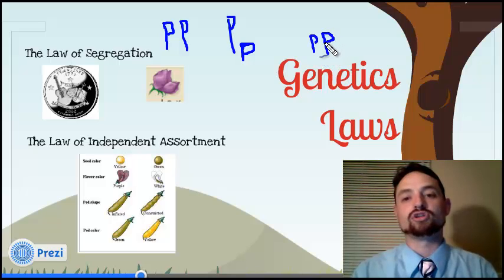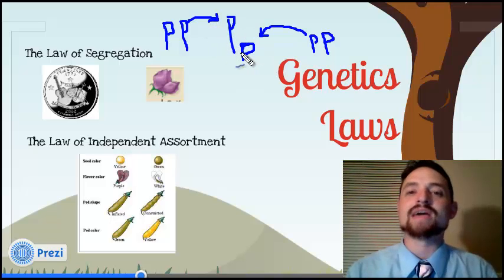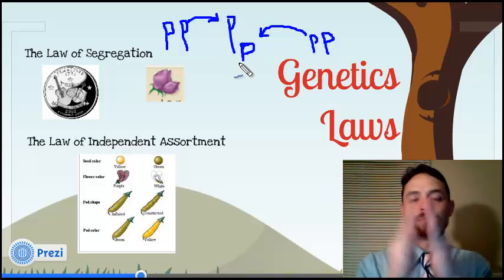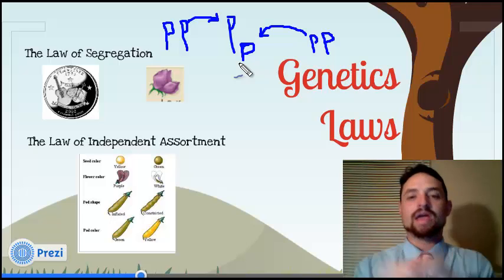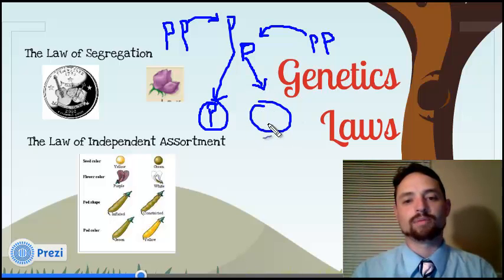When those 2 true breeders came together, this one got that little p, and big P came from this parent here. But when that F1 generation went to make the F2 generation, these chromosomes separated from each other and went in opposite directions. So you end up with a gamete that has a big P and a gamete that has a little p.